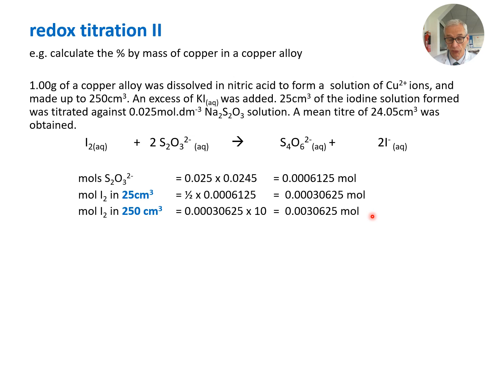Those moles of iodine all came from reaction with copper 2+ ions. So the iodine is formed by a reaction of copper 2+ ions. The reacting ratio is X to 2X.